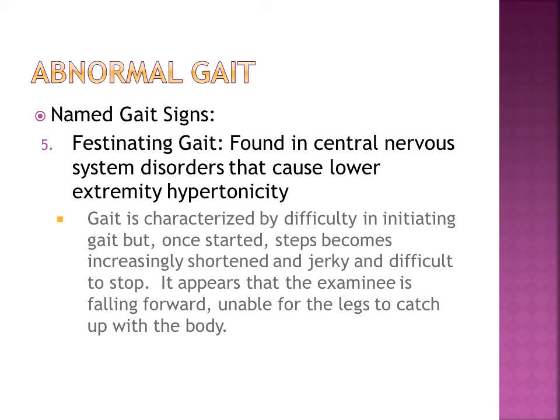But once the gait gets started, the head and trunk get ahead of the base of support, and the steps become increasingly shortened, and they become jerky, and it becomes difficult to stop, and it appears that the examinee is falling forward, and that they're constantly trying to get their legs to catch up with the falling forward upper body.